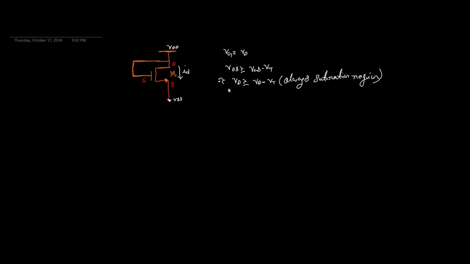So this current is basically half mu Cox W by L (Vgs minus Vt) whole square, right?